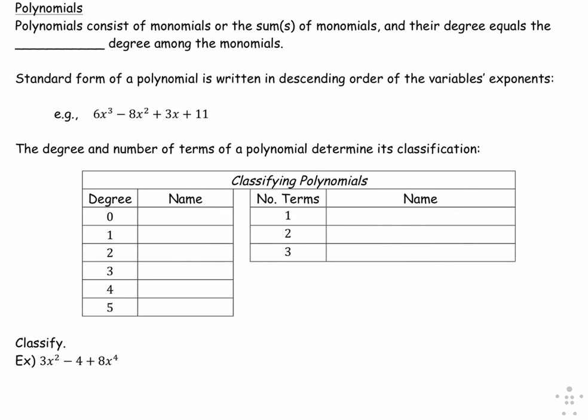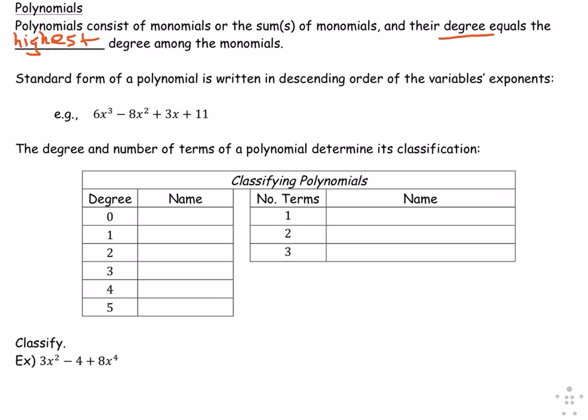So now let's talk about polynomials. They consist of monomials, or the sums of monomials. Their degree equals the highest or greatest degree among the monomial terms. So to go through this first example, I have a polynomial written in standard form.